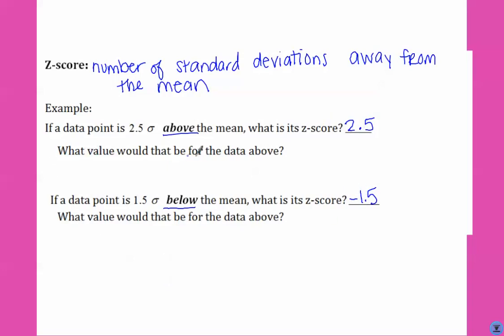So what value would that mean for the data above? We're going to start with the mean, which was 10.222. Since it's above, we're going to add 2.5 times the amount of the standard deviation, which is 3.938.